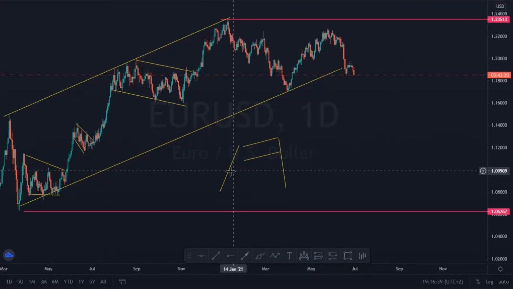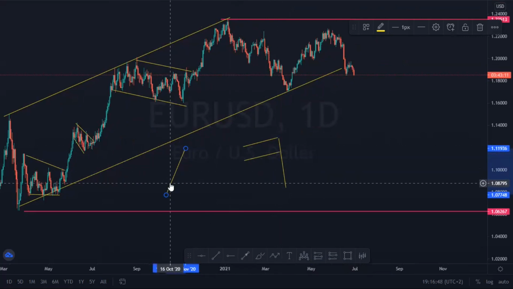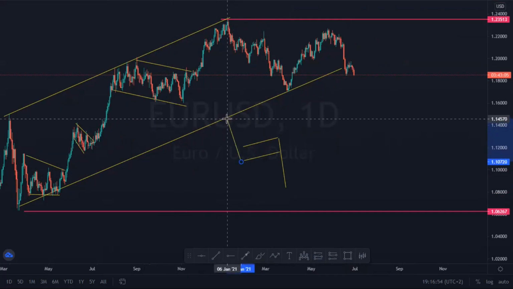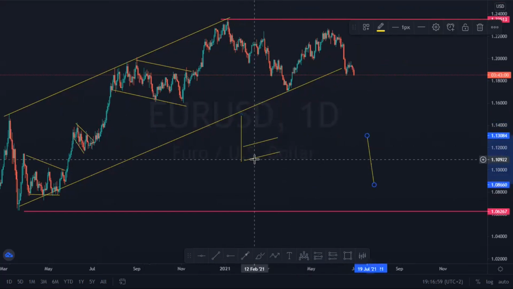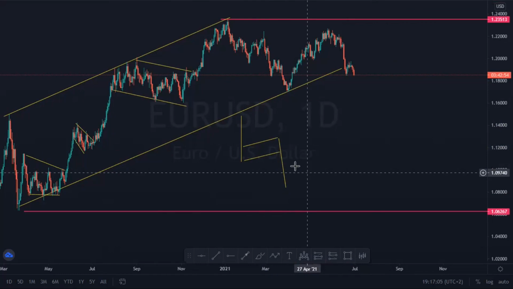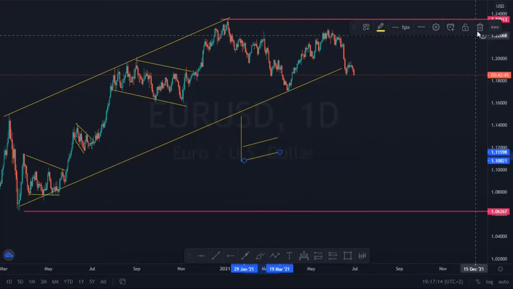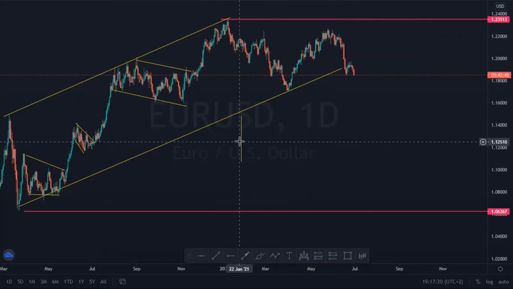If the market created this flag, because now the flag is facing the other side, what I would be expecting is something like this. So I'm expecting the market to go down. It depends on the wedge, whether it's correcting in an ascending wedge or a descending wedge.